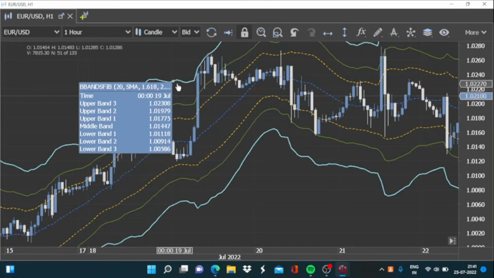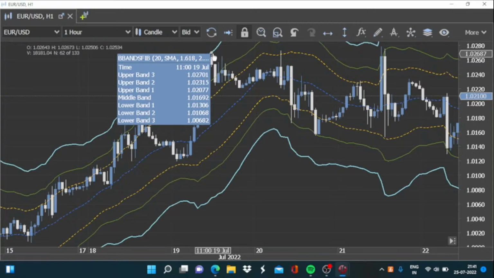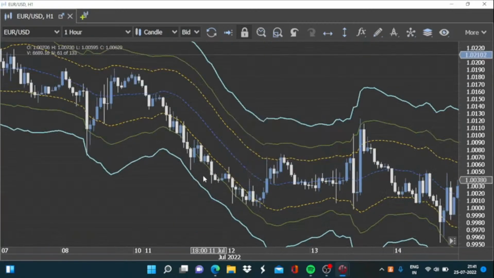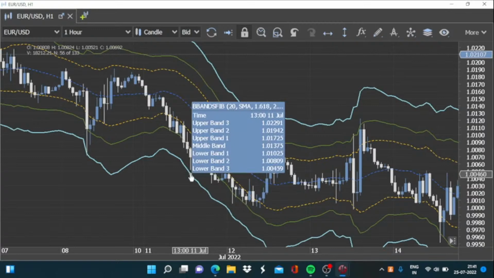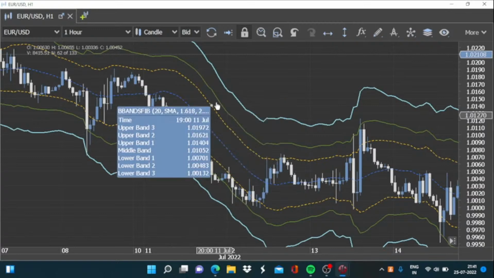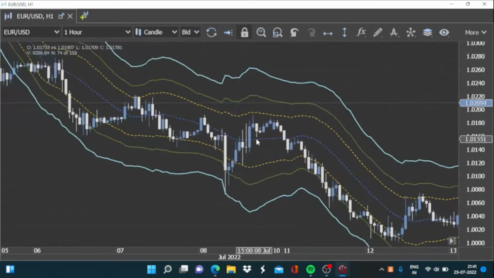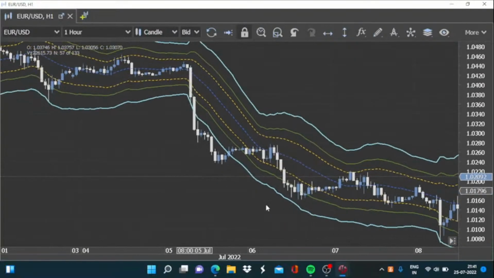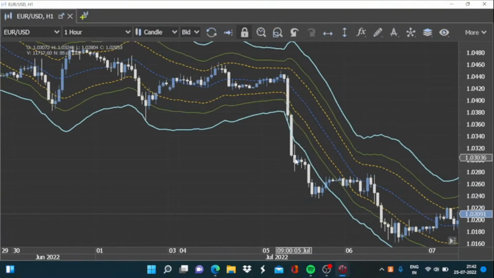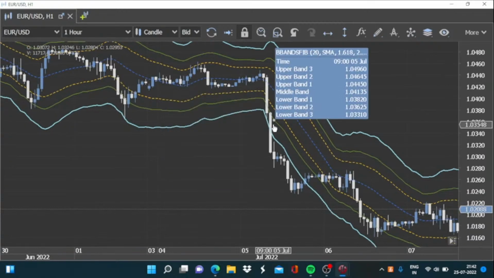Because sometimes the underlying instrument keeps rising and rising, or keeps falling and falling even after having reached this lower band or upper band. In those scenarios, we might keep thinking that it might retrace now or in some time, but it doesn't really happen.